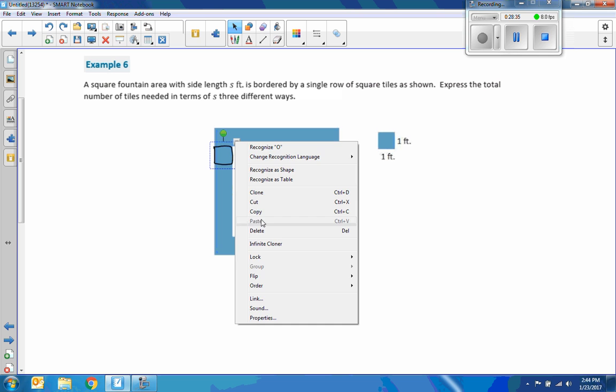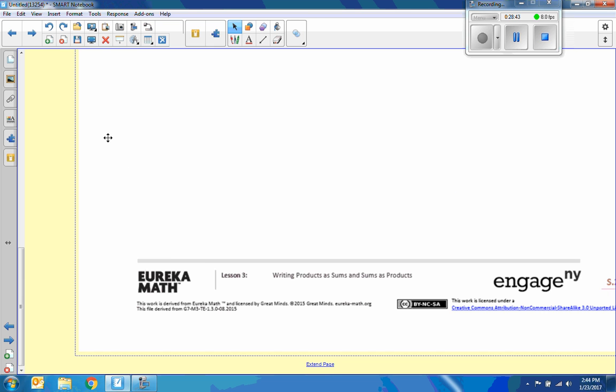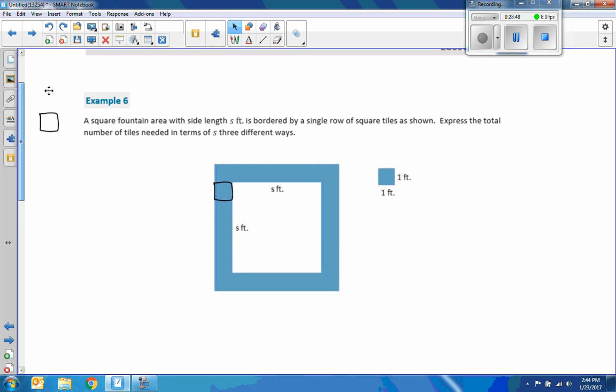And if I copy it, paste it, and then I move it, so again, I move it, there's another one. And we just keep doing this.